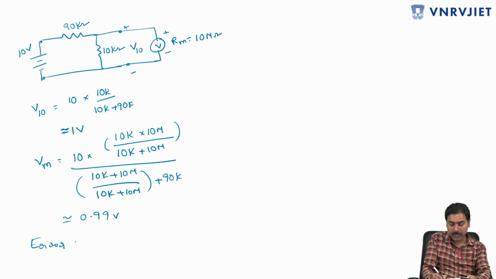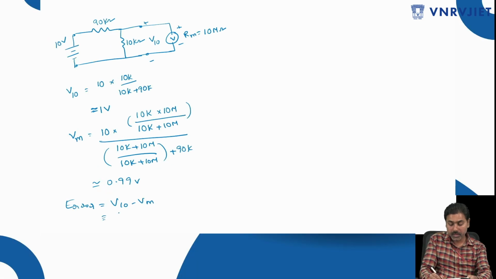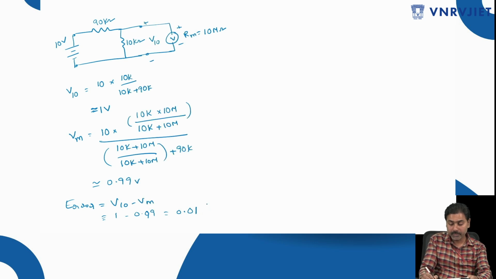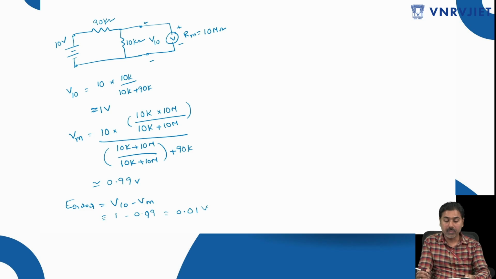Error in this case is equal to V10 minus Vm, which is 1 minus 0.99, equal to 0.01 volt. This is the error when we use the voltmeter with internal resistance of 10 mega ohm.